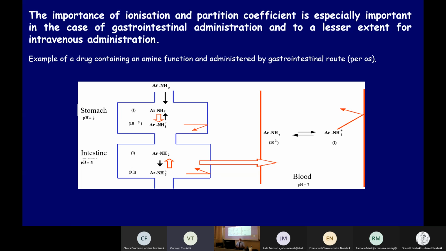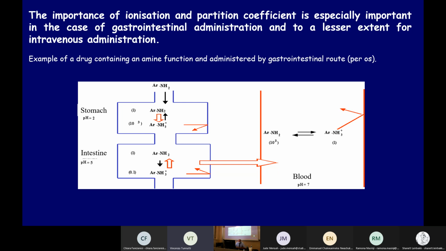Here we can see what happens when we take a drug orally. In this case, we have an alkaloid, for example, a basic drug. This drug can reach the stomach. The pH is about 2, and so you have a big fraction of your drug present in charged form.